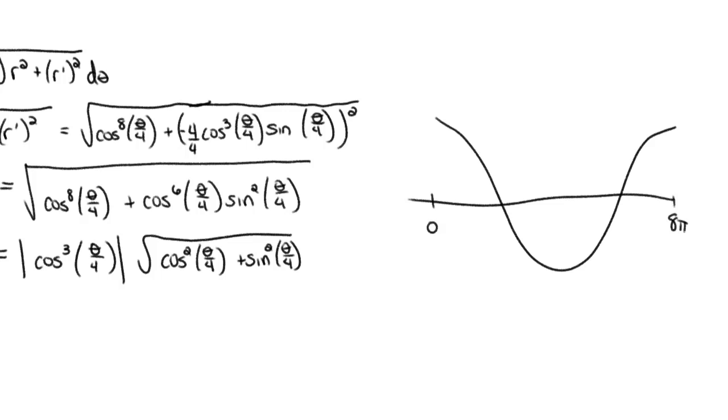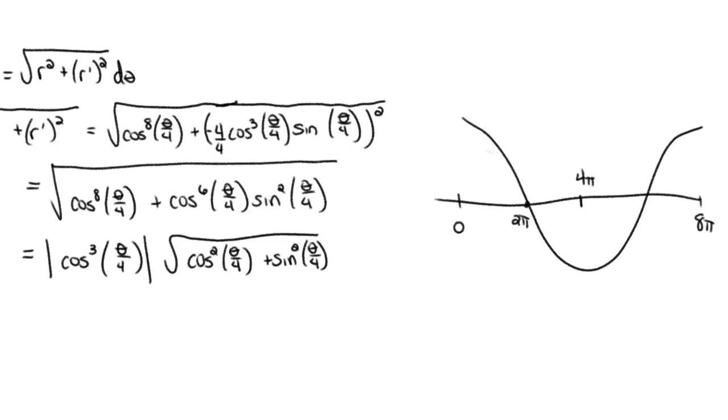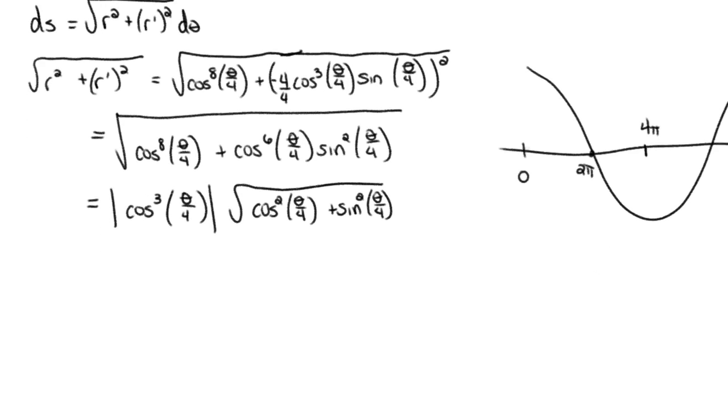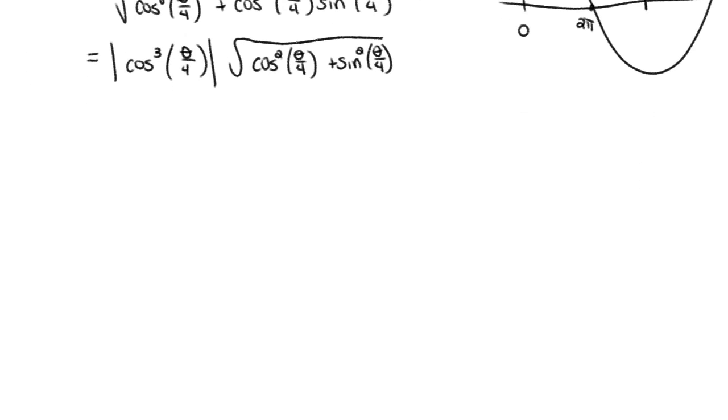So it's 0 to 8 pi. So here is 4 pi. And here, my friends, is 2 pi. So from 0 to 2 pi, that cosine is always positive. So we do not actually need those absolute values. So I can say this is equal to just the cosine cubed of theta over 4. And the square root of cosine squared plus sine squared of the same angles is just 1.